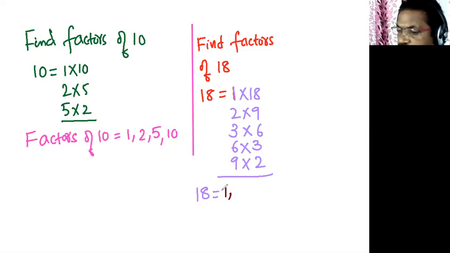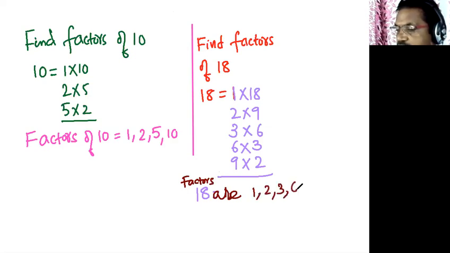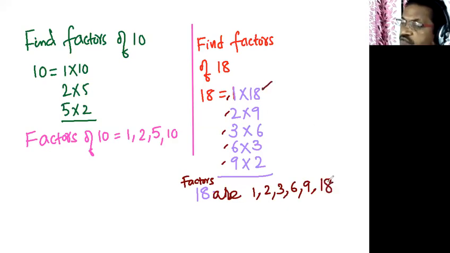Factors of 18 are 1, 2, 3, 6, 9, and 18, leaving out the repeated 2, 3, 6, 9. In this way you can find factors easily of any given number.